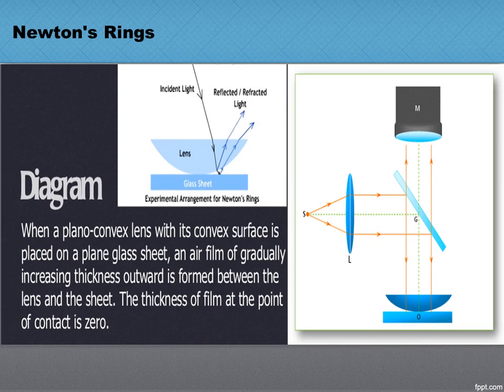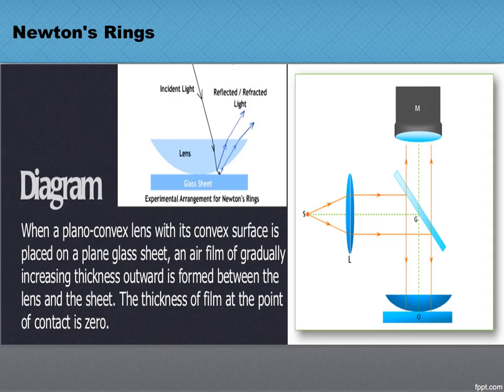As you see in the diagram, when a plano-convex lens with its convex surface is placed on a glass sheet, an air film of gradually increasing thickness outward is formed between the lens and the sheet. The thickness of the film at the point of contact is 0. Now when light is incident, this incident light is divided into two parts.